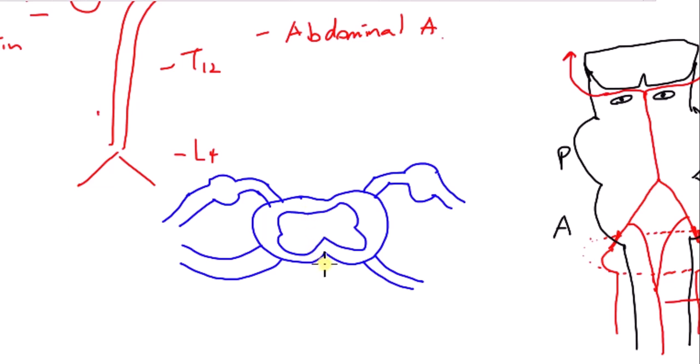The point of interest is right here. This place is anterior median fissure, and this houses the anterior spinal artery.